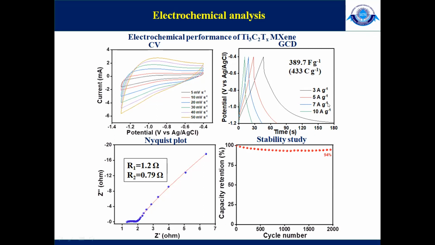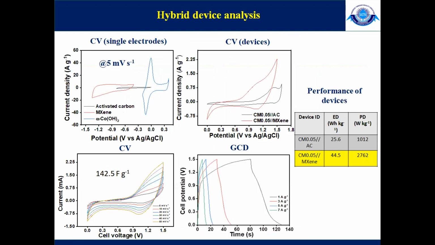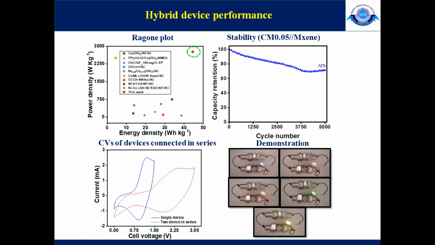Due to very limited time, we have to go a little rapidly. We fabricated devices using Maxine and activated carbon, and we got really high energy density for the device fabricated with Maxine as the negative electrode: a maximum energy density of 44.5 watt hour per kg.